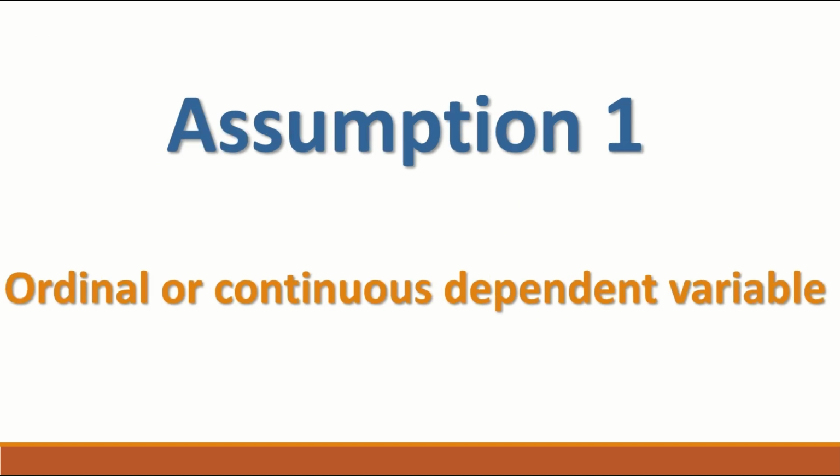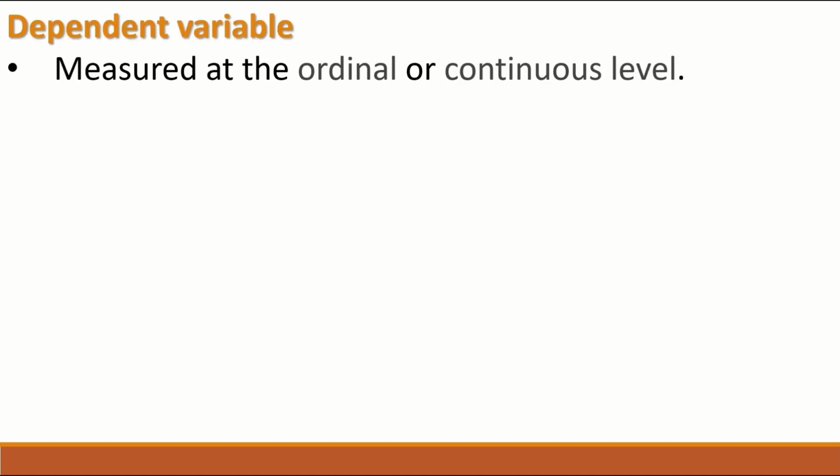The first assumption is that the dependent variable, or data, or the response or the outcome, has to be continuous or ordinal. So the dependent variable is measured at an ordinal or continuous level. An ordinal variable is a variable that is categorical but with order in it, such as a 5-point Likert scale. A continuous variable with scores in it can be in a format of ratio or interval.